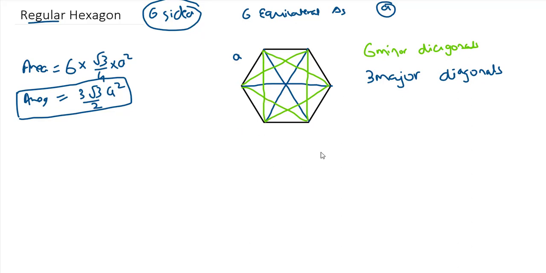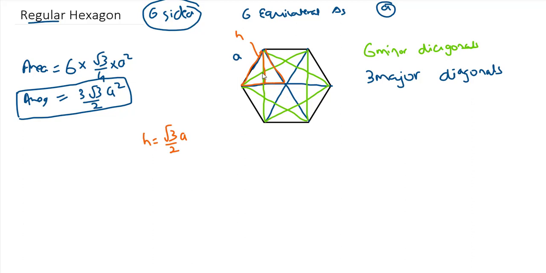Now what is the length of a minor diagonal? So the one in the green is a minor diagonal. If we consider this triangle, it is an equilateral triangle. The length of its side is A. So all of these sides will be A. And this part represents the height of an equilateral triangle. So what is the formula for height? H will be root 3 by 2 A. This is the formula for height.